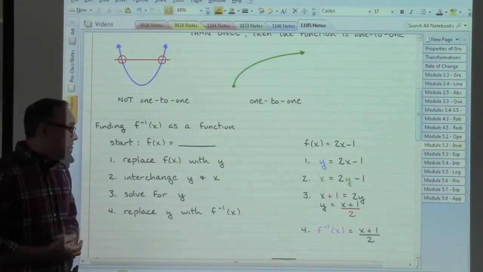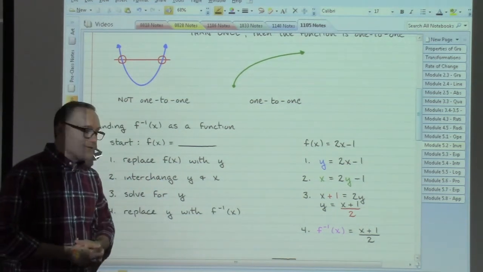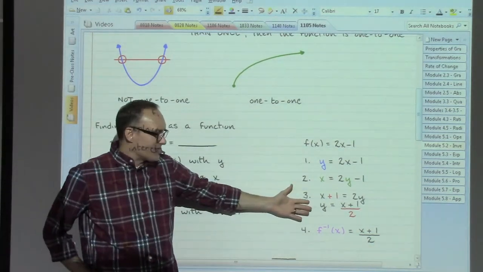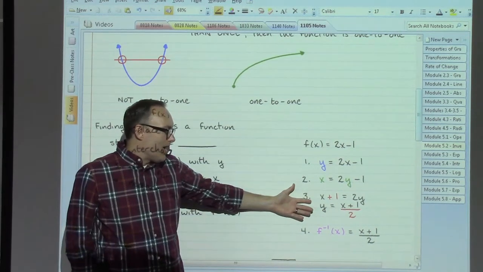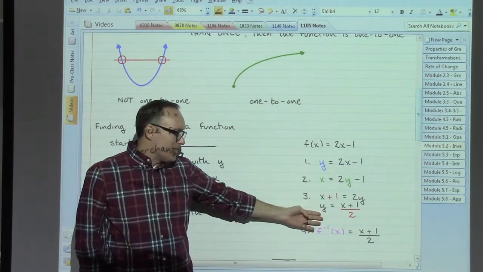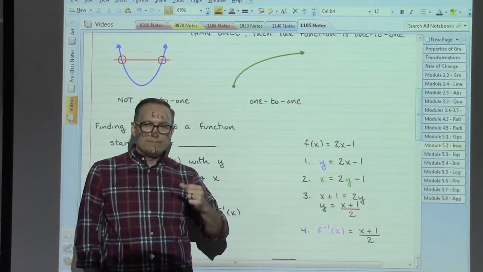Step 3, solve. Oh, there are some algebra skills coming into play. That's not cosmetic at all. Solve for y. So here's where we actually have work to complete. To solve for y, we're going to add 1 on both sides. We're then going to divide by 2 on both sides. That gets us the y equals. Cool.